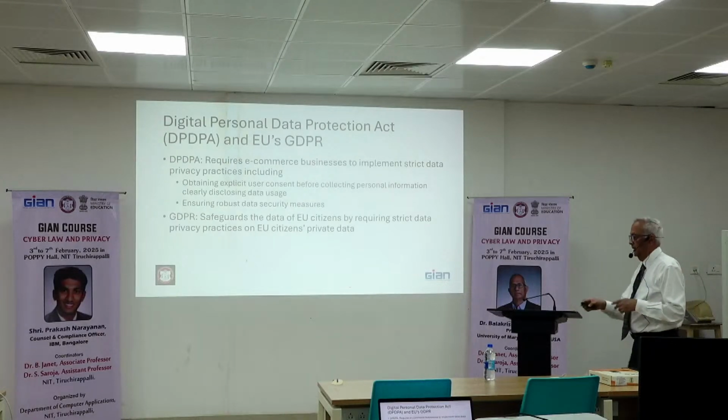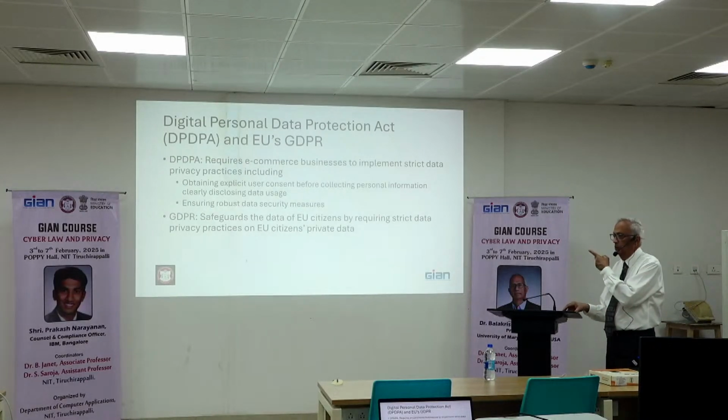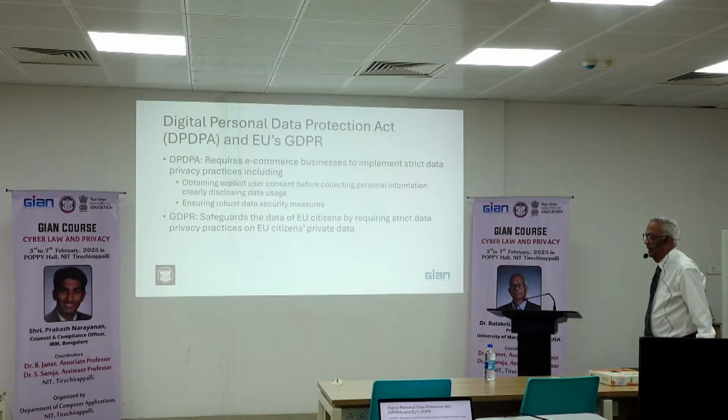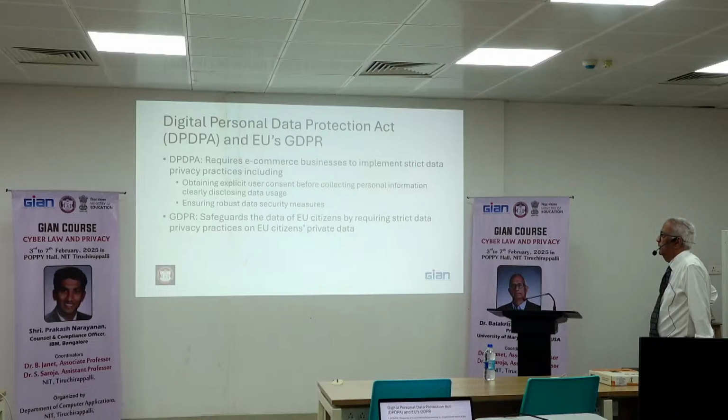Okay, so since then, in August 2023 we passed it. Again, it is still not quite put in place. We just have the law passed. It requires e-commerce businesses to implement strict data privacy practices, including obtaining explicit user consent before collecting data.